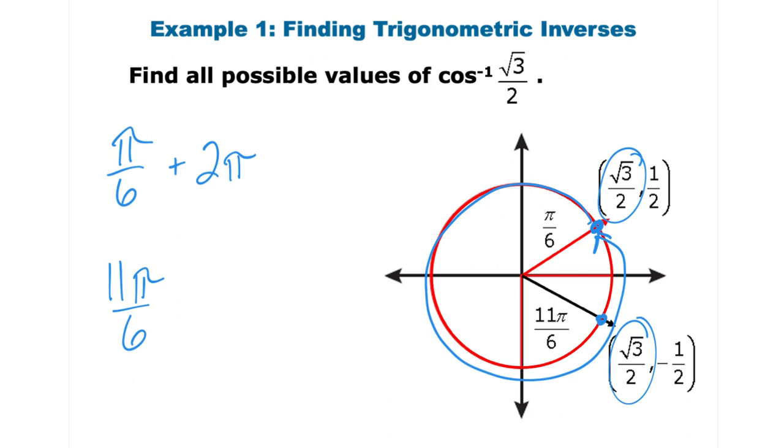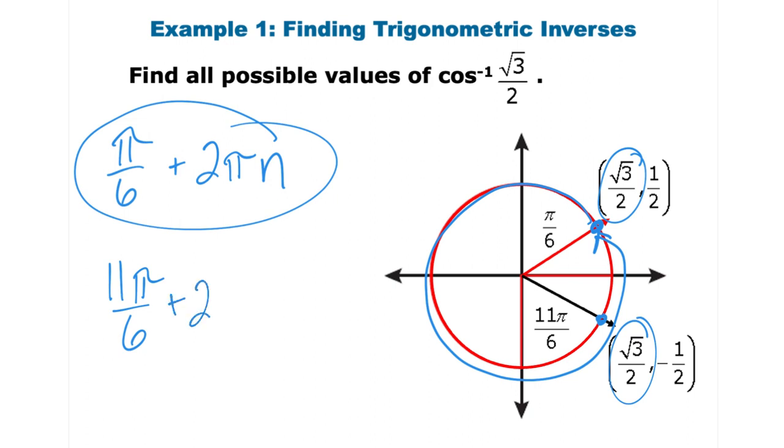So we're going to say plus 2 pi n, where n means we could go around a full circle as many times as we want, and as long as we add that pi over 6, we're going to be right here with that cosine value. Same thing down here: we'll add on 2 pi n, and we'll still end up at this value with the cosine of square root 3 over 2.